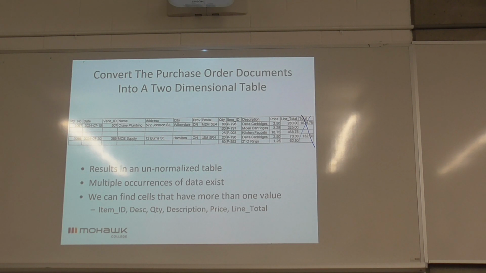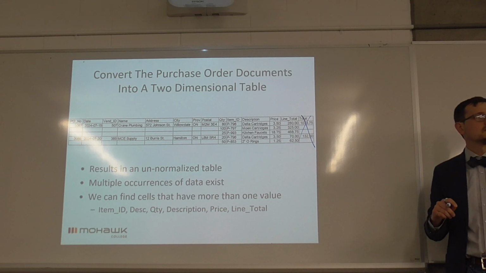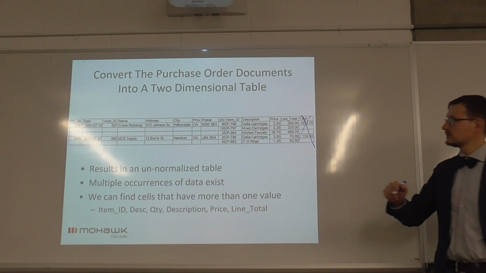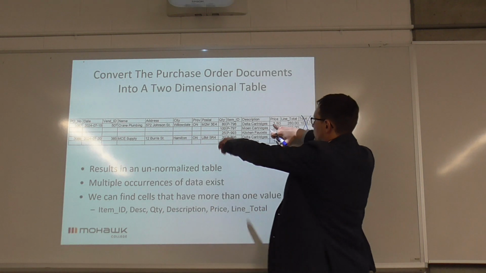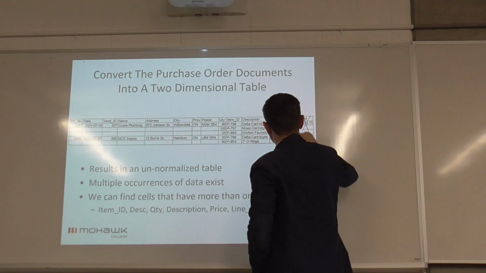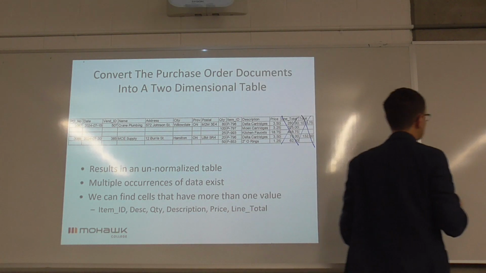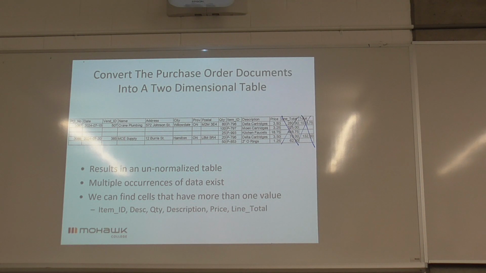Anything else we can scrap? Any calculated columns that we can scrap here? The line total. Line total is also calculated. It's calculated from price and quantity. That's enough. Yeah.